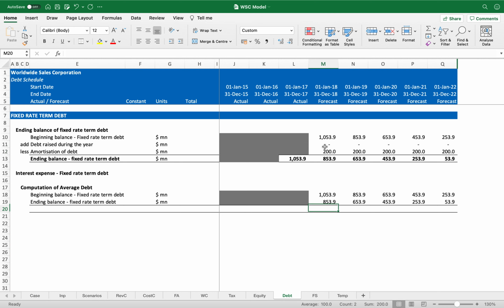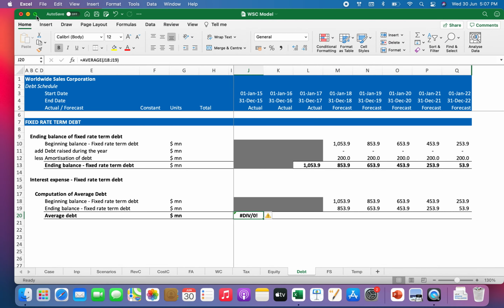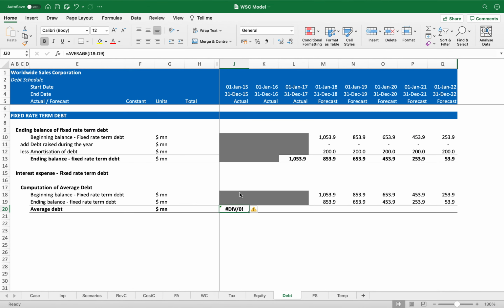All right. So how do you compute the average debt? Simple, average of these two. So of course, why do you get errors? Because there are no values here, right?